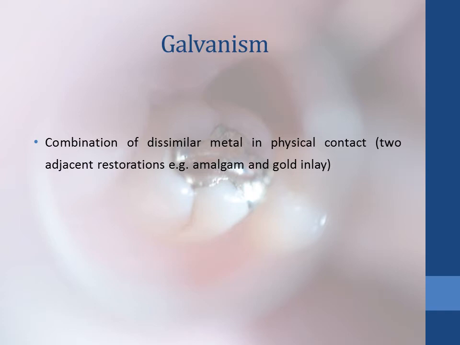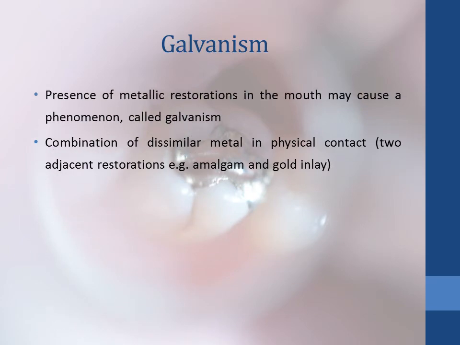Because they have different electrode potentials, when they come in contact with each other, saliva acts as an electrolyte, and an electrolytic cell is set up, and that causes a current to flow within both. One acts as the anode, one acts as the cathode, and this flow of current actually leads to a sharp shooting electric current like pain, and this phenomenon is known as galvanism.